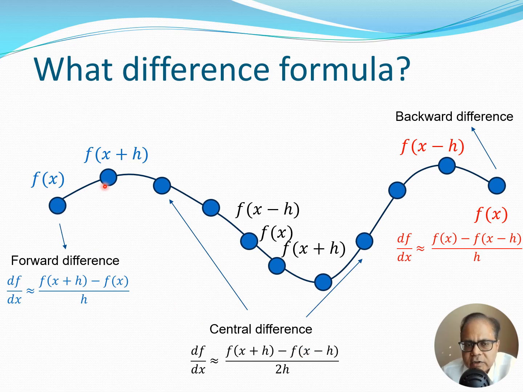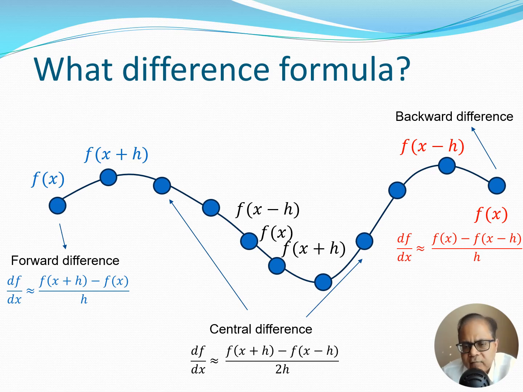But when you are at the starting point here, for example, you can calculate the particular derivative using the forward difference formula, because you would have access to x plus h and you would have access to x, the value at x. And similarly at the end point here you would calculate it using the backward difference formula, because you have f of x here and you have f of x minus h. So this is a situation where you can use all these three formulas for a particular set of points.